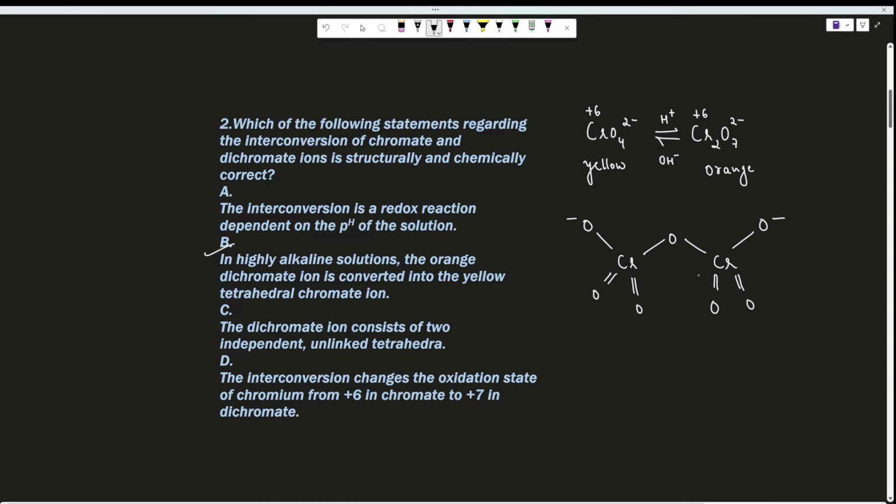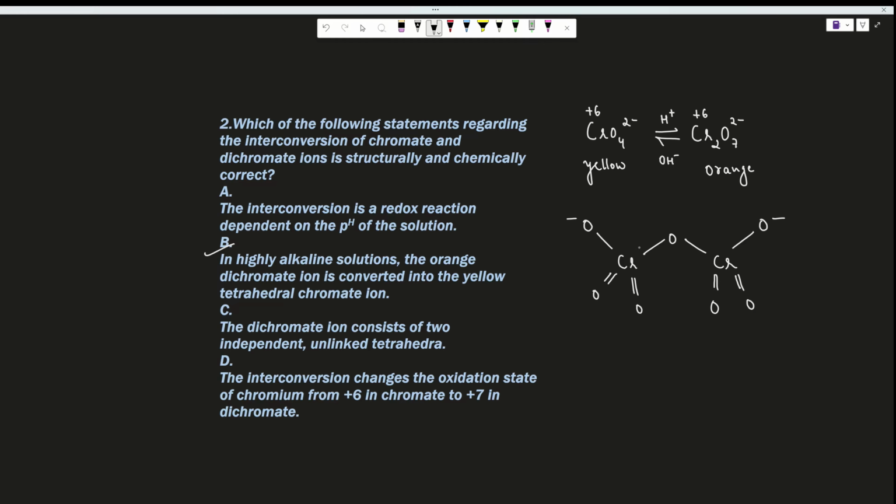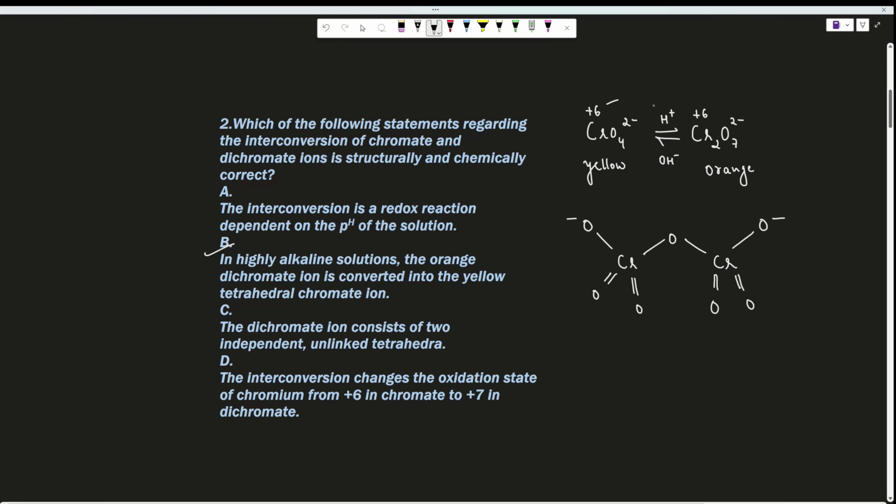Each is making a tetrahedral unit and they are linked, so that is not correct. Then, the interconversion changes the oxidation state from +6 to +7. No, it remains the same. Yes, next.